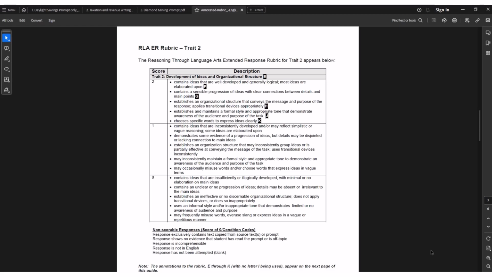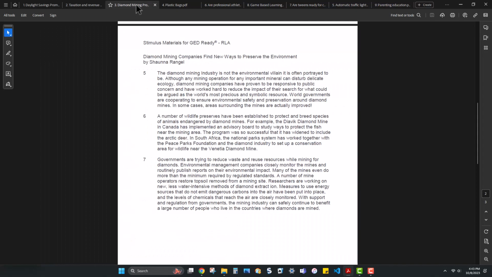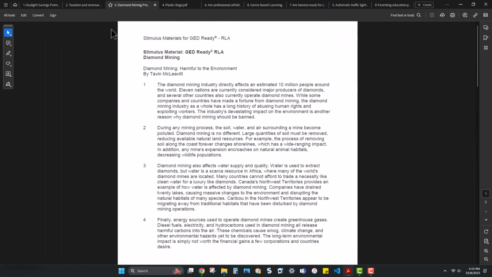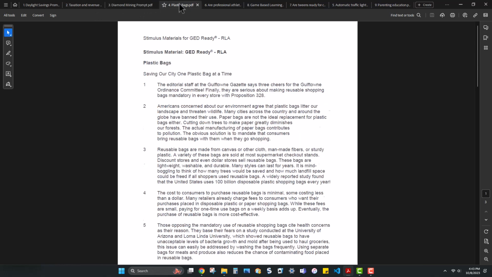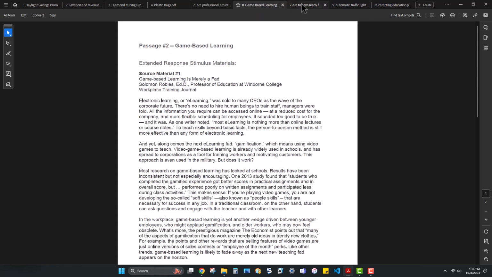So for Trait 2, we are going to focus, as I mentioned in the first video, on the row that says 2 points, because it doesn't make sense for you to aim to get any less. I firmly urge that you practice. There are practice prompts that you can use to help you get better at your writing.